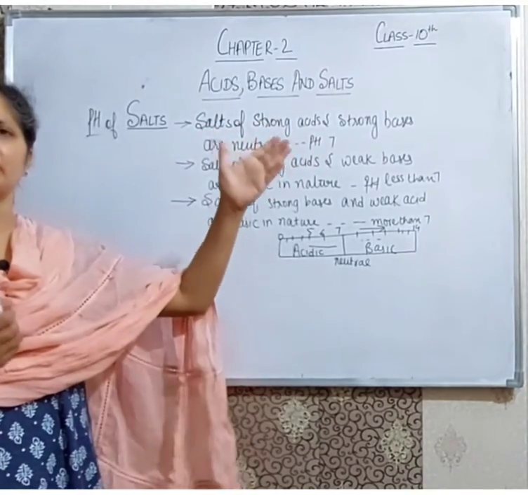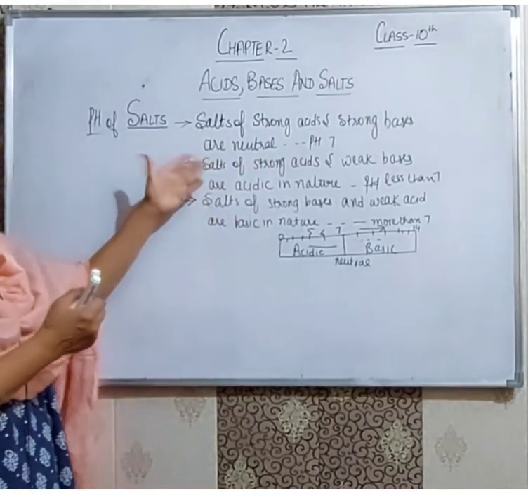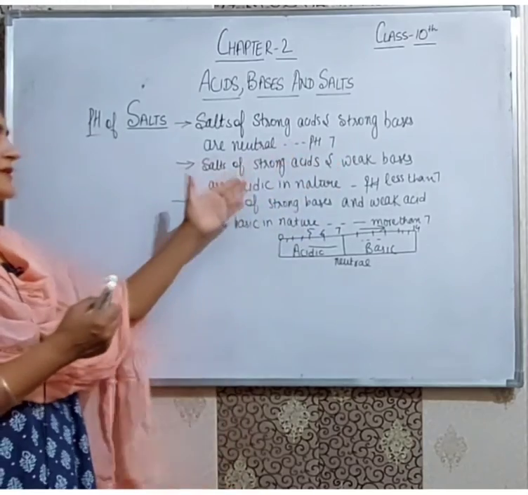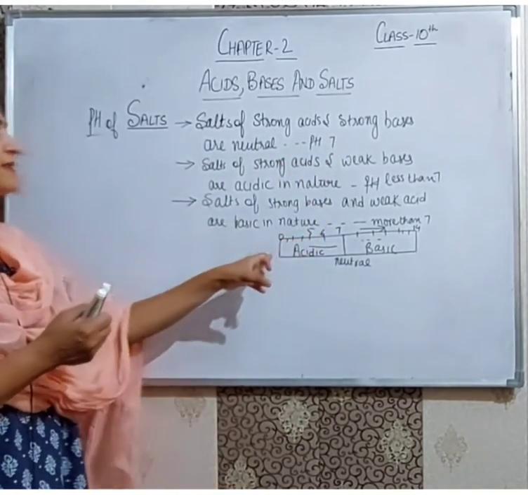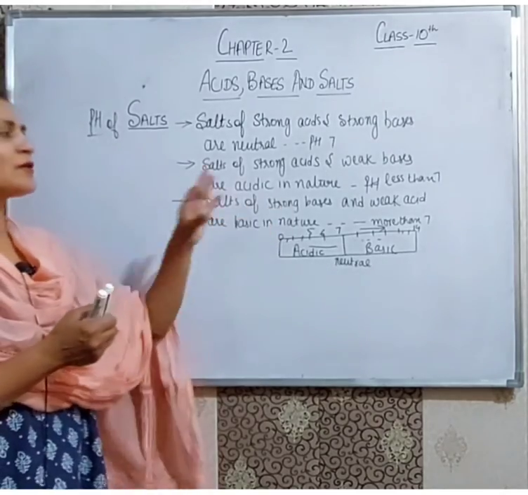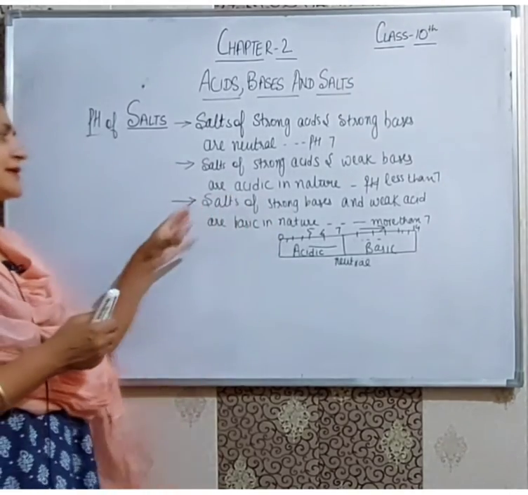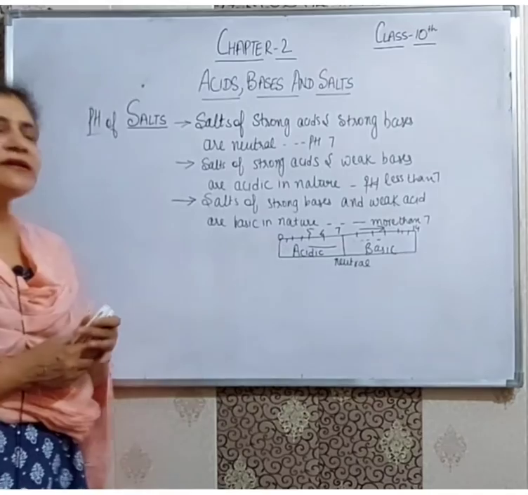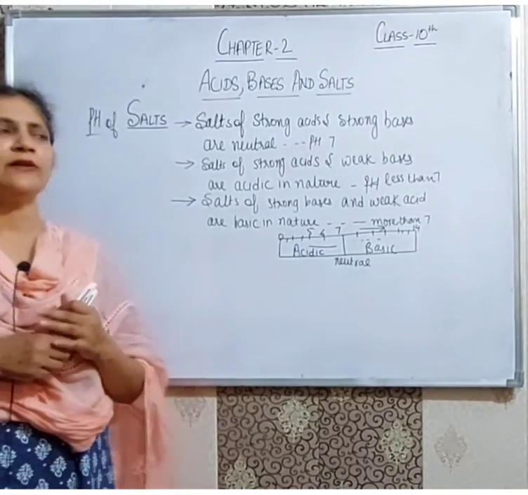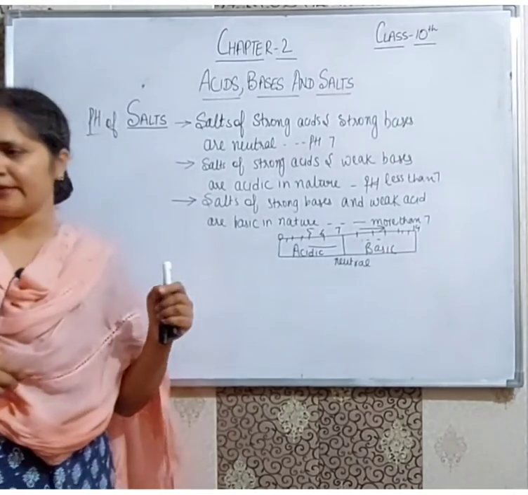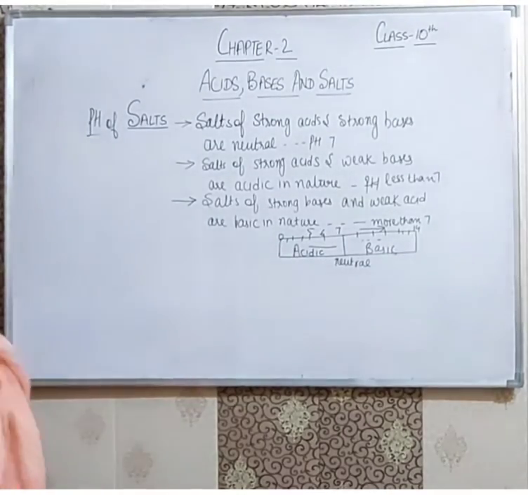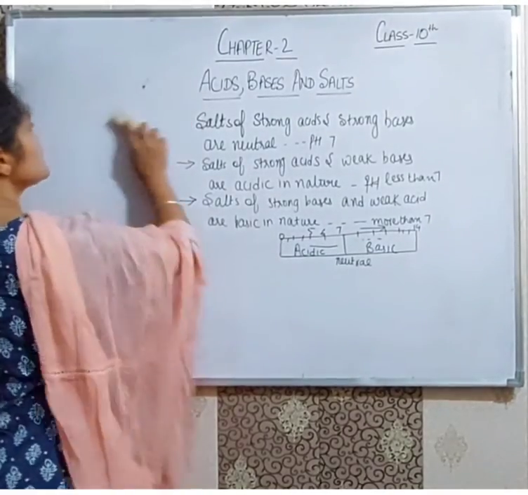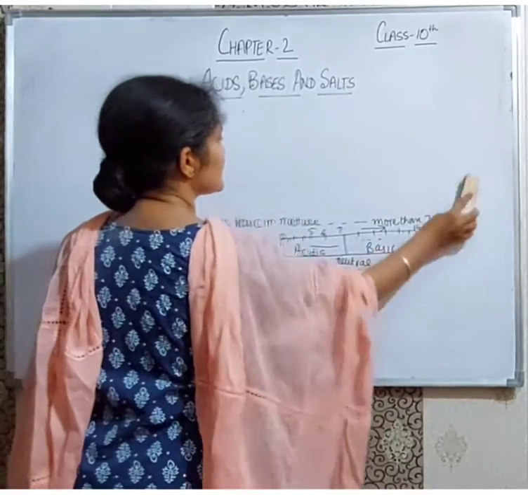They have the pH value 7, and salts of strong acids and weak bases are acidic in nature. They have pH value less than 7. And salts of strong bases and weak acids are basic in nature as they have pH value more than 7.